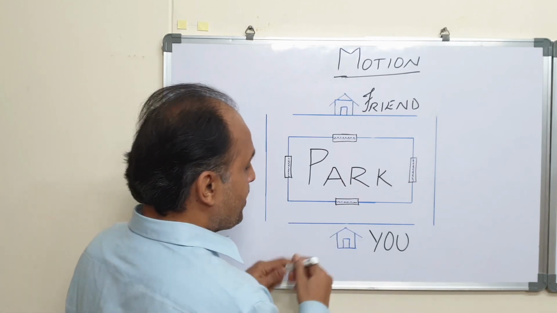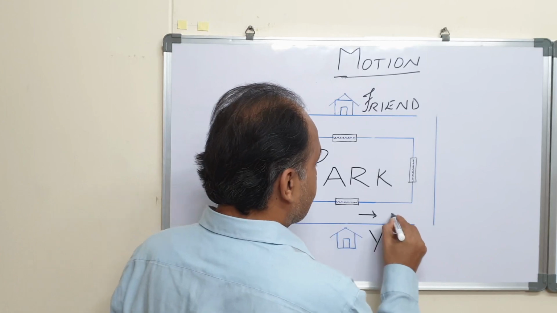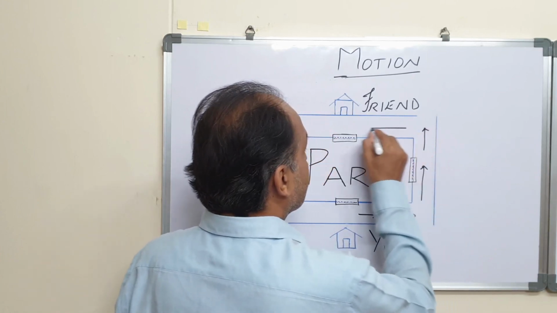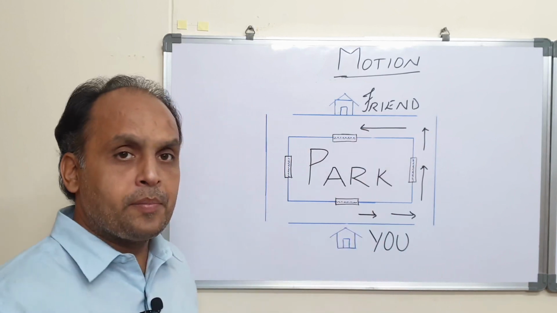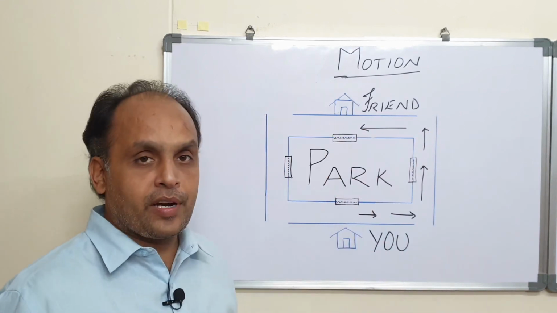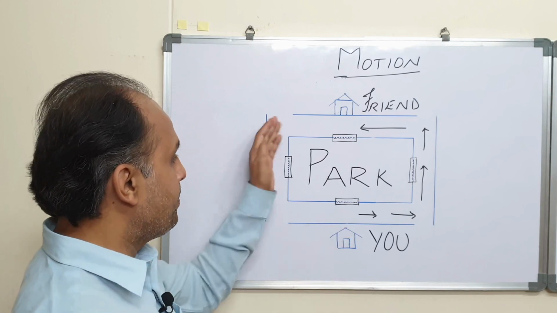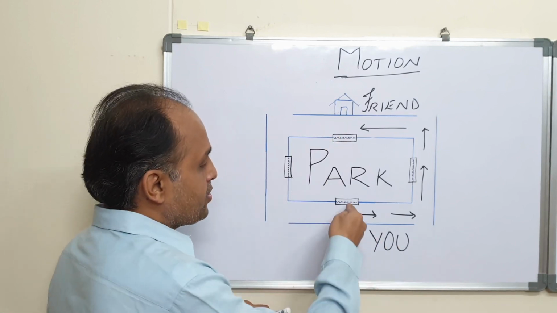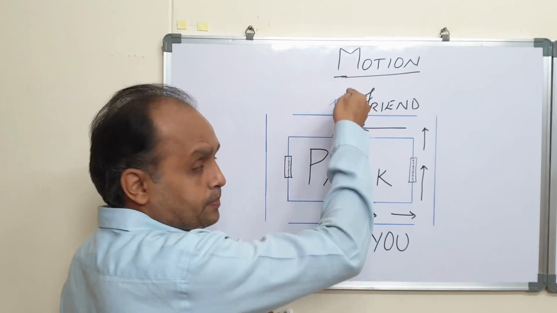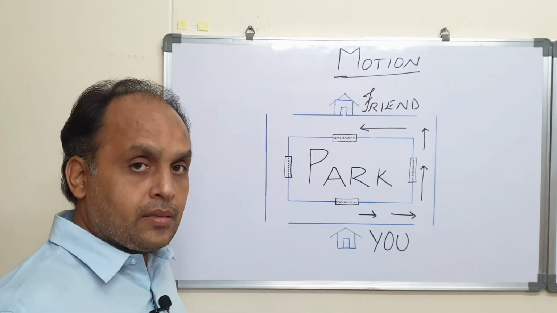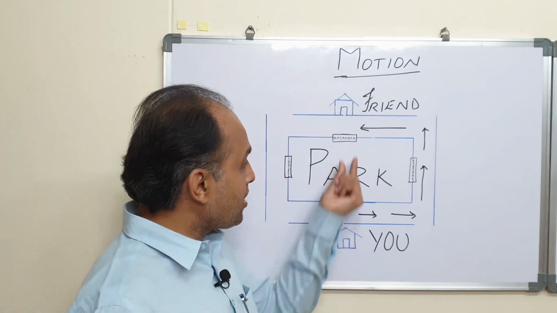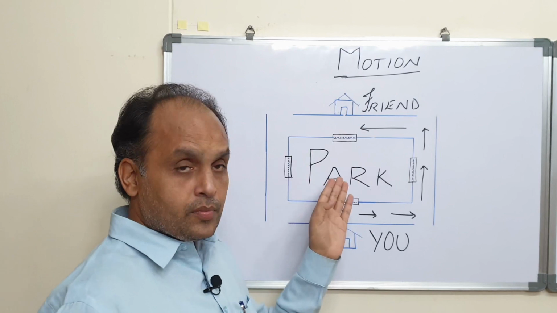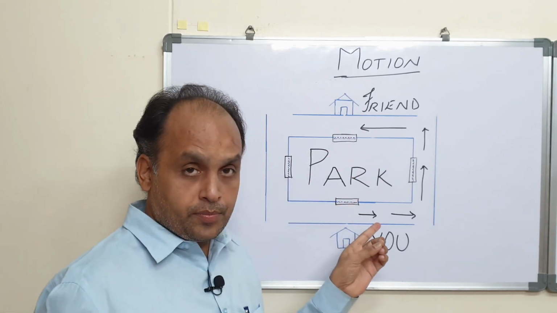One option would be going this way, and then reaching your friend's house, or maybe this way. And the other option that you have is going this way. But you found that the gates are closed, because the park has gates on all the four sides, and these two gates are closed.